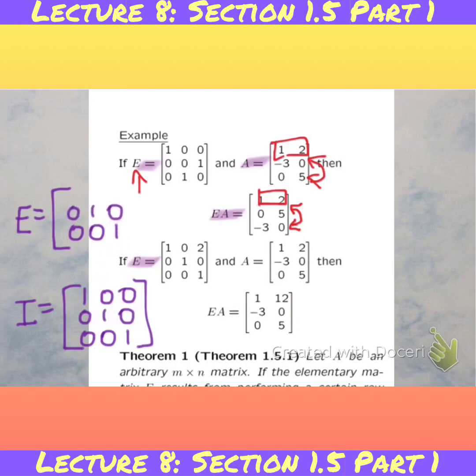Then we are going to form the first row of our elementary matrix by taking the first row of the identity matrix and then taking the third row of the identity matrix, and I'm going to multiply it with 2.